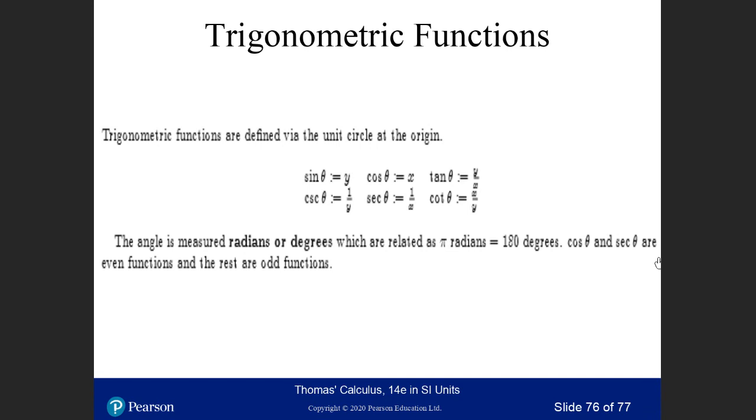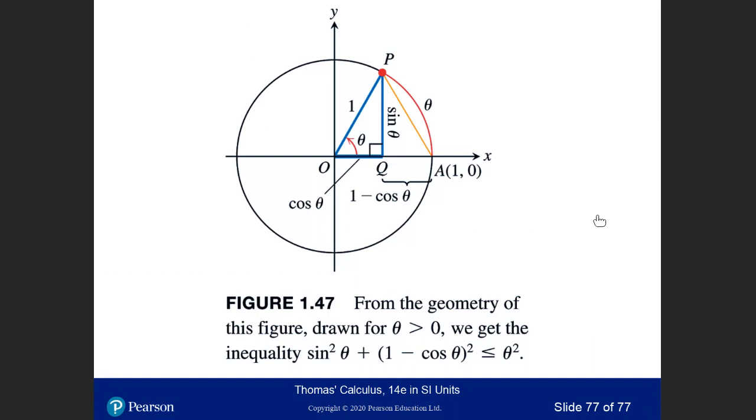Okay, there are things that we can immediately write about trigonometric functions. Let's look at this figure here, cosine theta here. And we have this arc. The length of this arc is theta because the radius is 1.